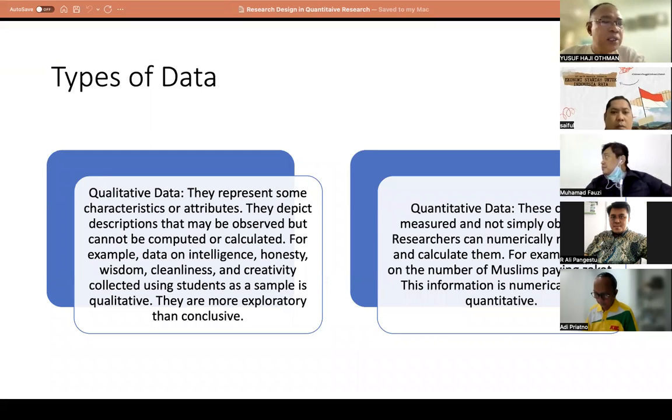That is called the first generation analysis. Right now we have the second generation of analysis called structural equation modeling.